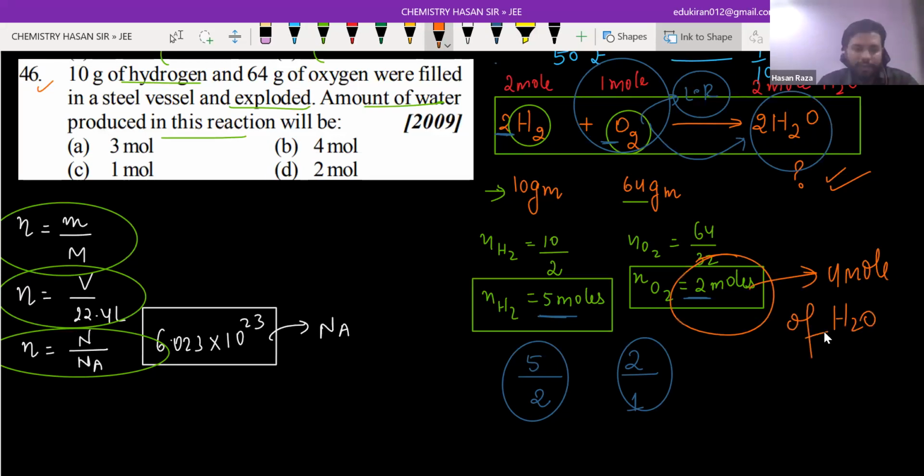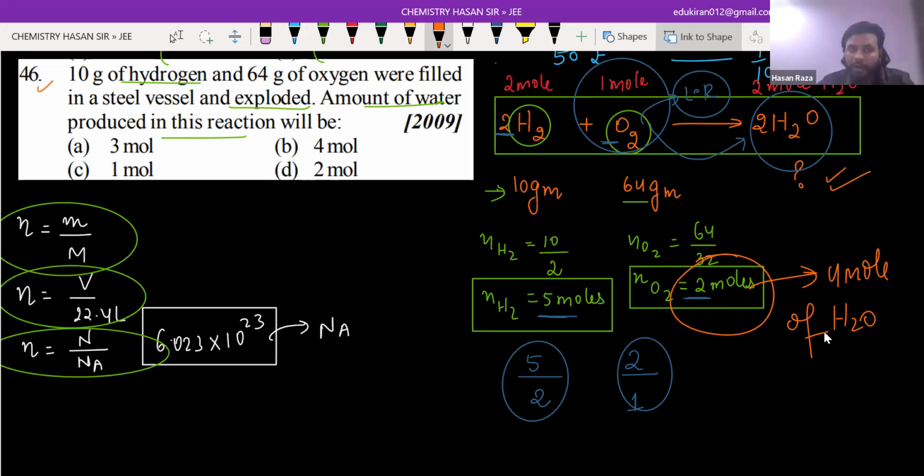All I want to say is that if number of moles or mass or volume or number of particles of all the reactants is given, you are going to calculate the number of moles first if it is not given directly. And if it is given directly, then you are going to apply the trick of the ratio to recognize which one is the limiting reagent.